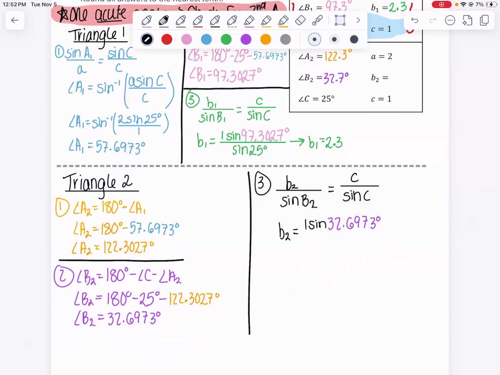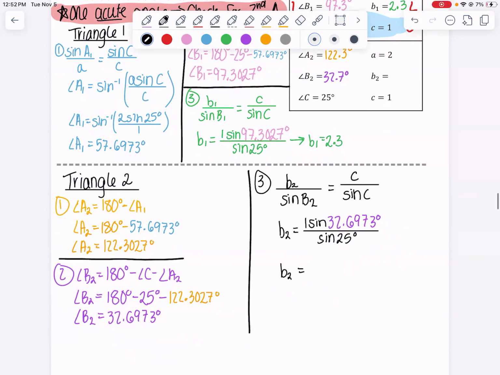Make sure to keep 4 decimal places when you do these intermediate computations. All over sine of 25 degrees. If you plug that into your calculator, you should get 1.3. So there was a second triangle here.